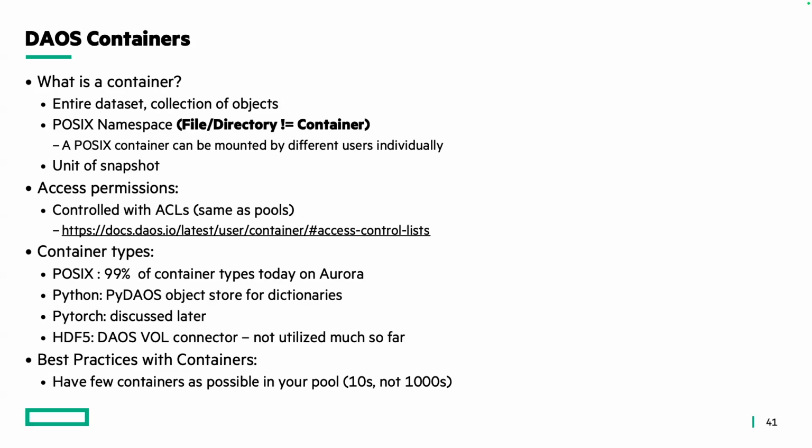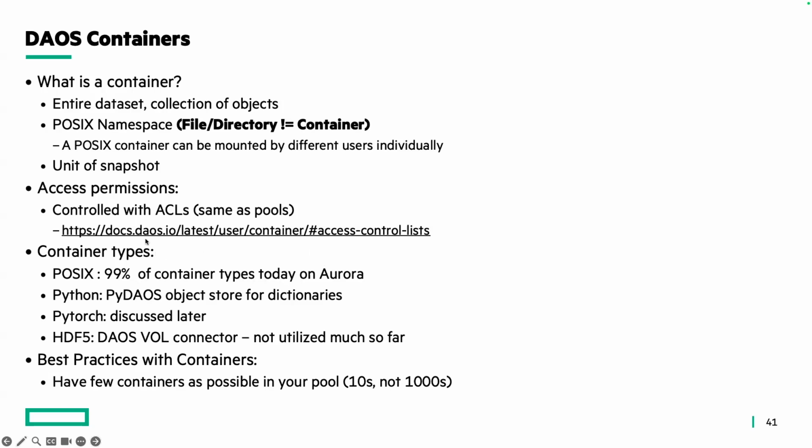So please keep in mind that a container is a big data set that has multiple files and directories in it, but you're not supposed to have more than tens of containers in your pool. Access permissions are through ACLs. So you can have multiple members of the same project accessing the same pool or same container. There's some documentation on how to manage ACL access.